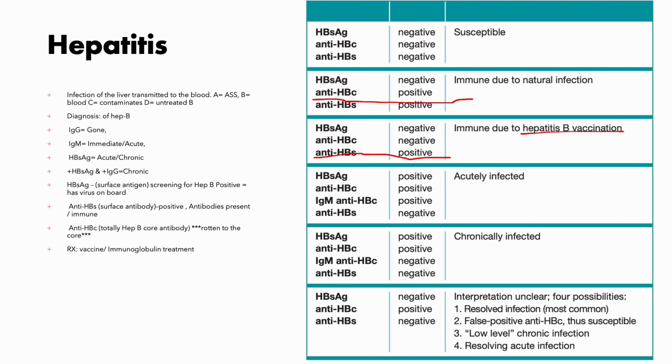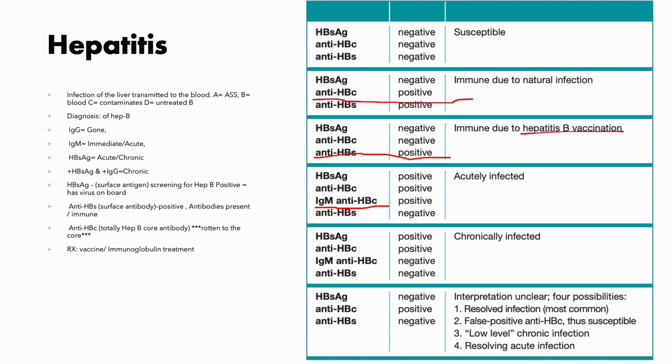And so if you have a positive anti-HBc, which is your core, and an anti-HBs, that means you have natural immunity. For an acute infection, you're going to have your IgM, immediate, acute.